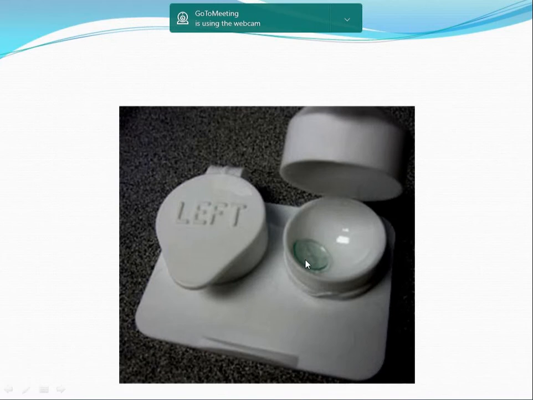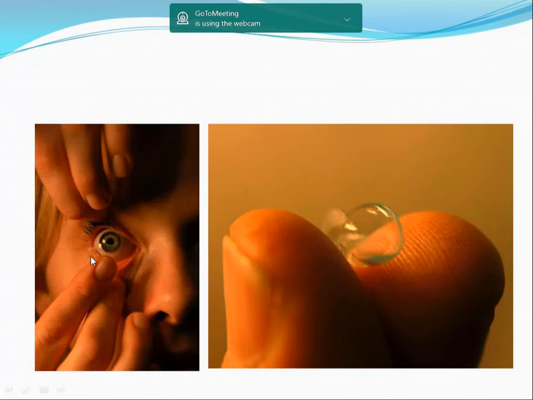These are soft contact lenses. Instead of spectacles, you can use them for cosmetic purposes. The same correction can be obtained by contact lens also. This is how a person puts his contact lens onto his cornea. The effect will be the same as that of the spectacles.